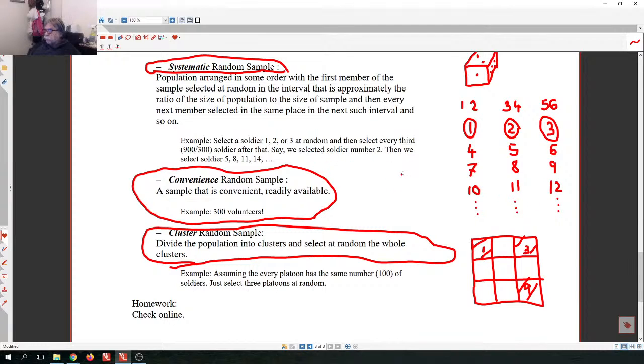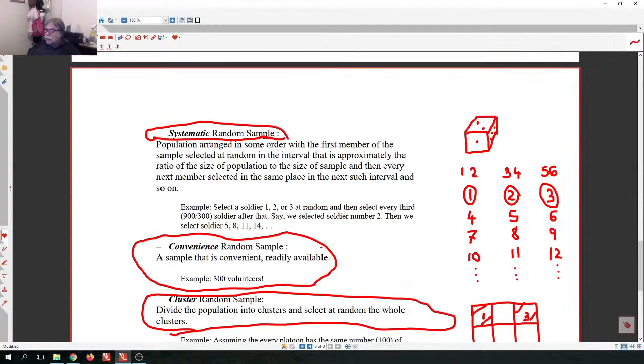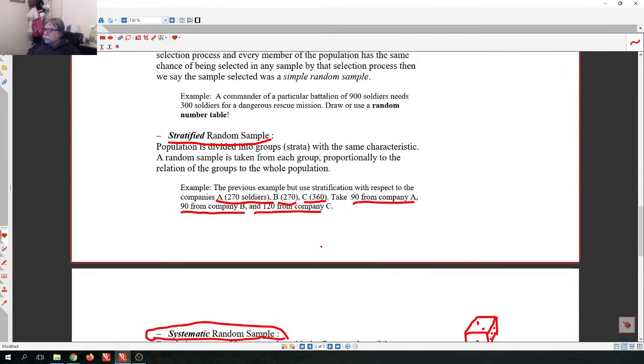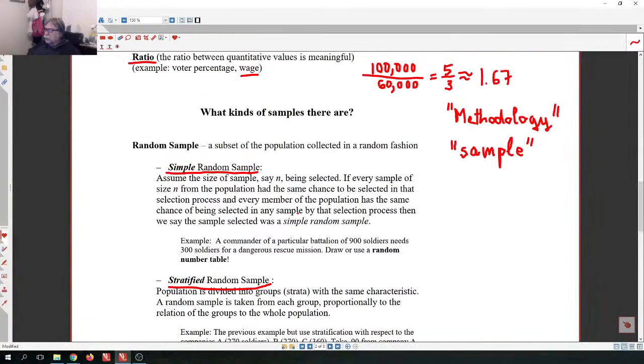Okay, so these are the types of samples we collect. And again, let me point this out. A simple random sample is collected by way of lottery, and that is the best type of sample you could have. It should have the least amount of bias, and the methodology itself is perfect, but the eventual sample might not be.